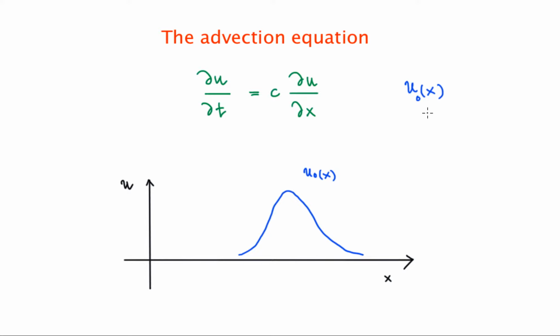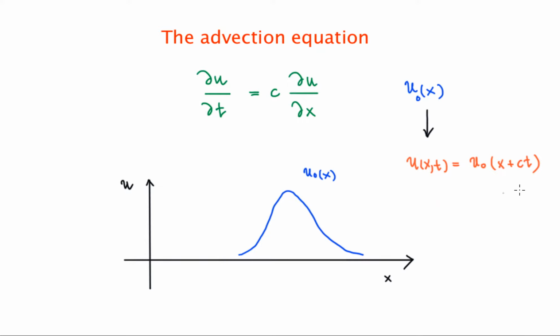Then from here we can easily derive the expression for the wave at any time: the u function at any time is just u naught, but instead of x we have to write x plus ct. So this is the x and t dependence that the wave function would have at any time.